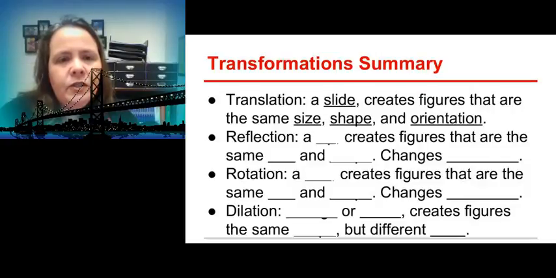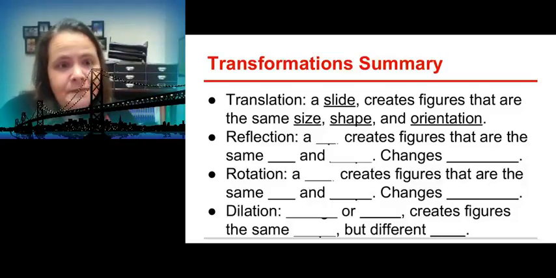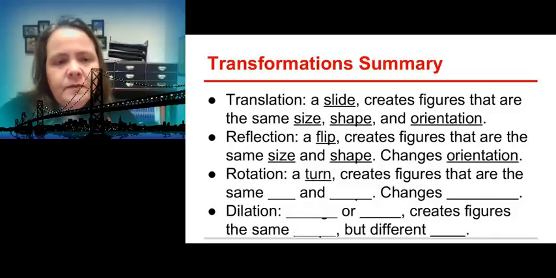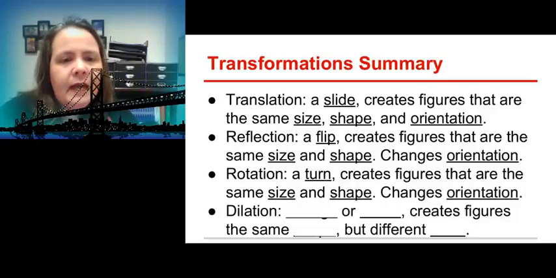First of all, a translation is a slide that creates figures that are the same size, shape, and orientation. Then a reflection is a flip that creates figures that are the same size and shape, and it changes the orientation. A rotation is a turn, and it creates figures that are the same size and shape. It also changes orientation.